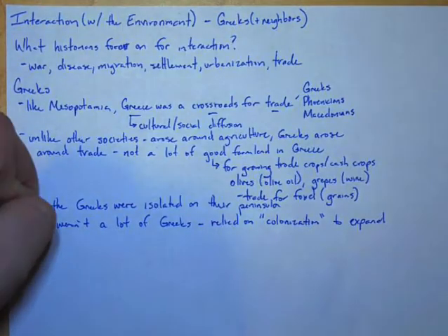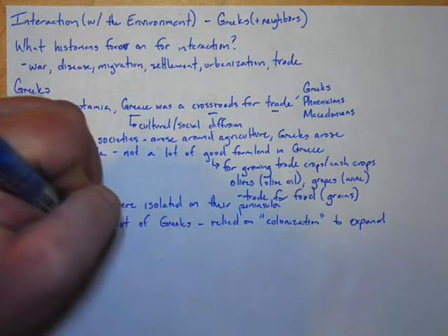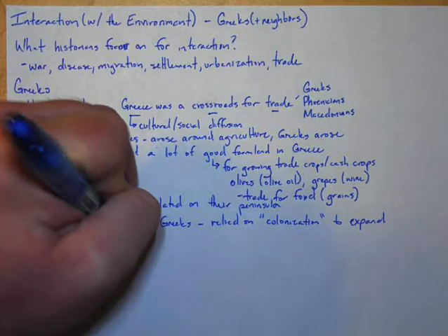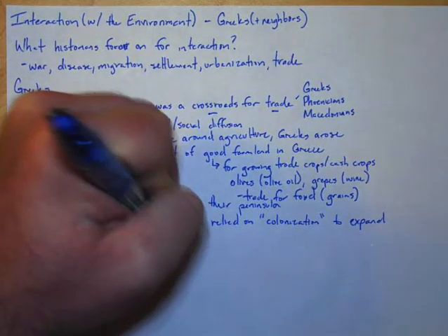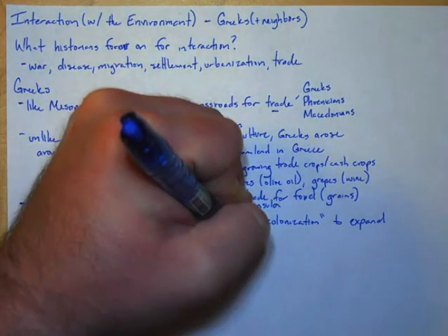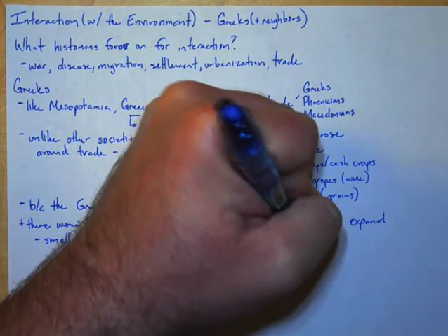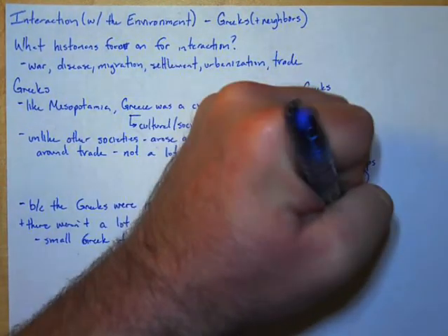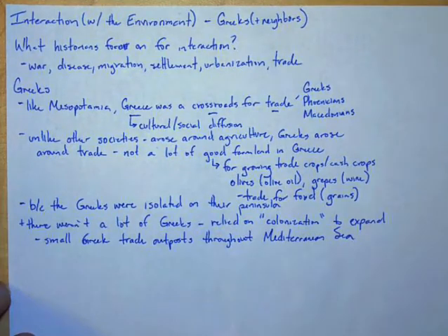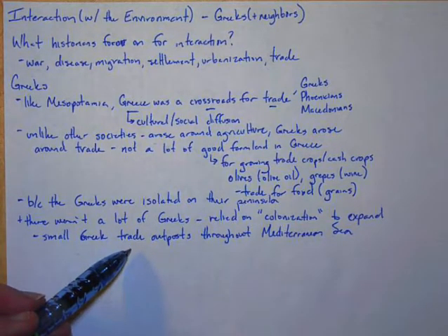Basically, what they would do is they would set up small Greek trade outposts throughout the Mediterranean Sea. It's just a port, maybe a little town on the coast, and they would use it to trade.